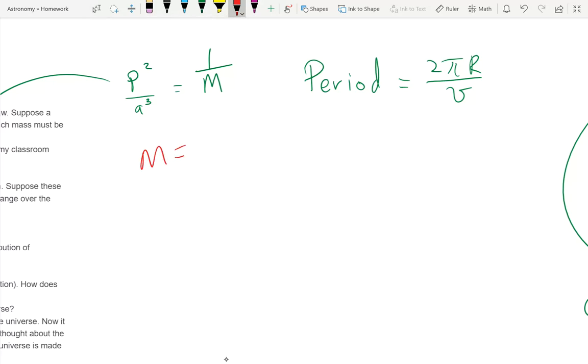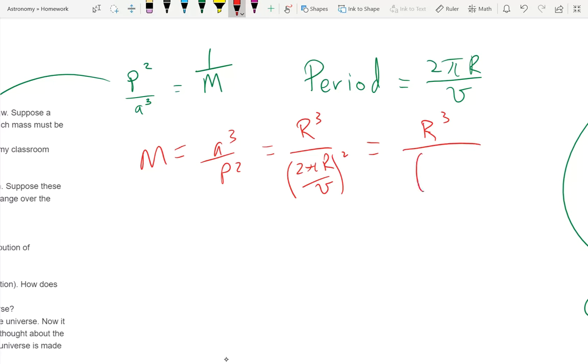So mass is equal to A cubed over P squared is equal to R cubed over the quantity 2 pi R over v, squared. I'm going to write this out in long form just to make life easier for us.